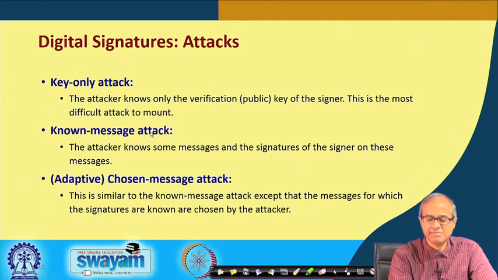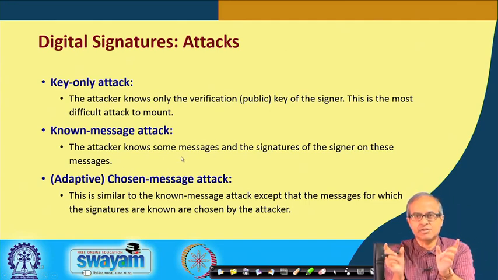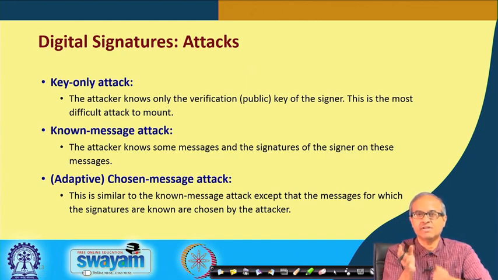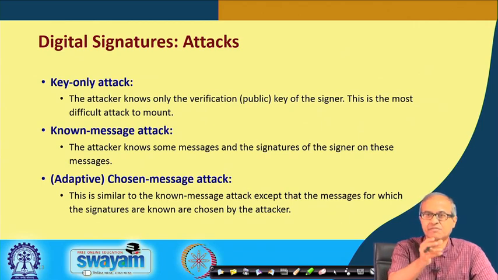Known message attack means the attacker knows some messages and the corresponding signature pairs. With that, the attacker can analyze and try to find out whether you can make some modifications and generate a valid signature or not.